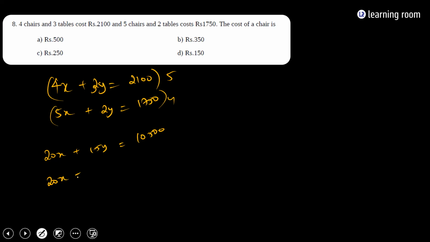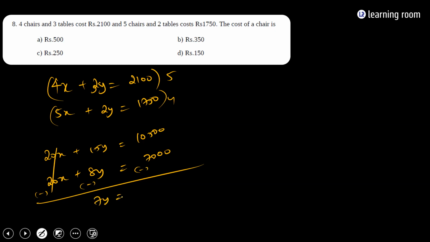And 20x plus 8y should be equal to 3,500 into 2, 7,000. So subtract. Cancel. 7y is equal to 3,500. Y will be 500. So cost of each table is 500.